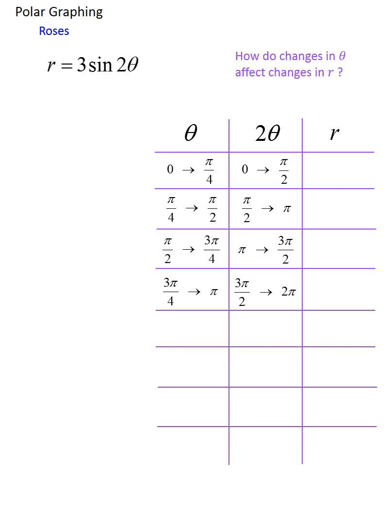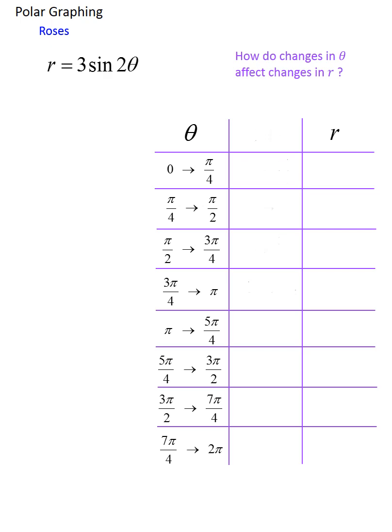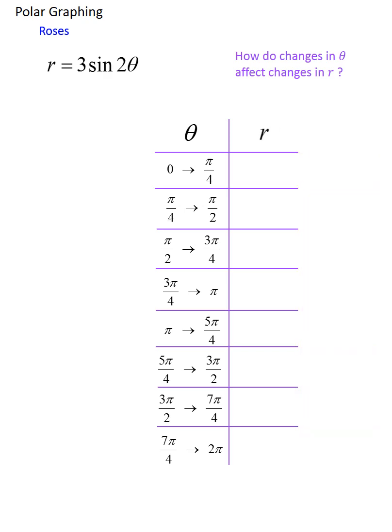So I've decided to extend this table twice as long as we normally would, looking at 45 degree increments of theta all the way through. And at the end of the day, we're less interested in 2 theta than just analyzing how theta has an impact on r.